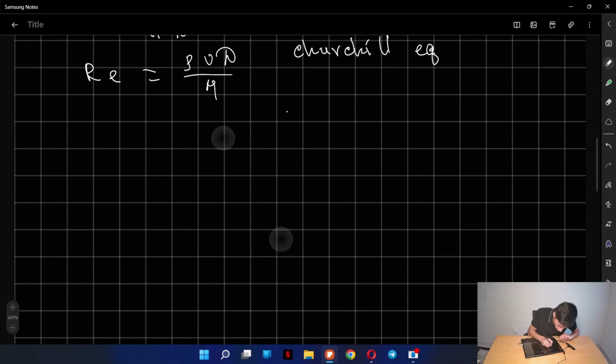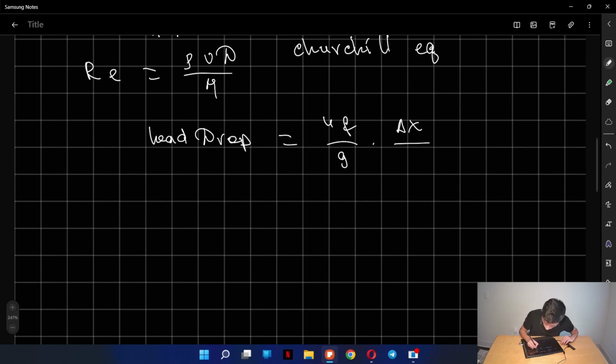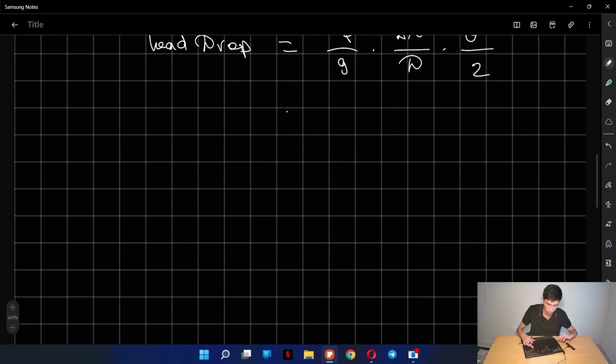Okay, so our head drop is equal to 4 times the fanning friction factor over g times the delta x, which is the length of a pipe, over the diameter, times the velocity of a flow squared over 2.